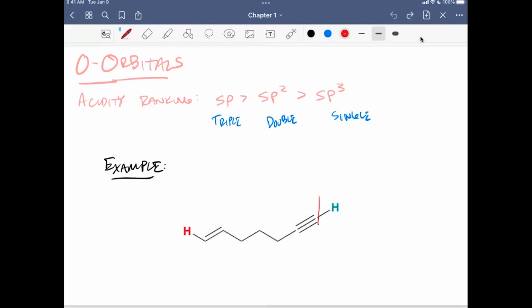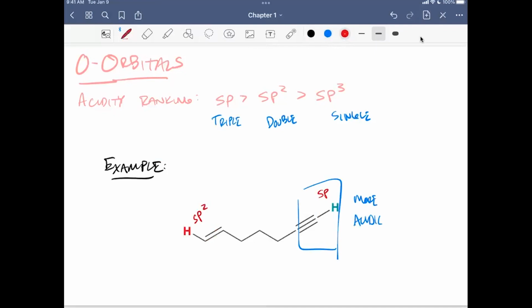Let's determine what the orbital that it's currently occupied is in. So this hydrogen is connected to a triple bond. So this is going to be an sp hydrogen. And this red one, it looks like it's connected to a double bond. So that's going to be sp2. This sp triple bond is more acidic than the sp2 double bond.